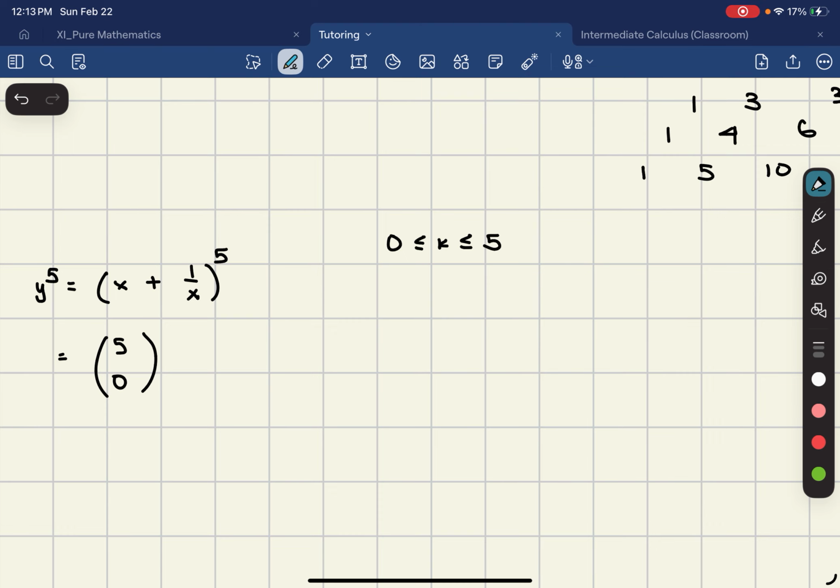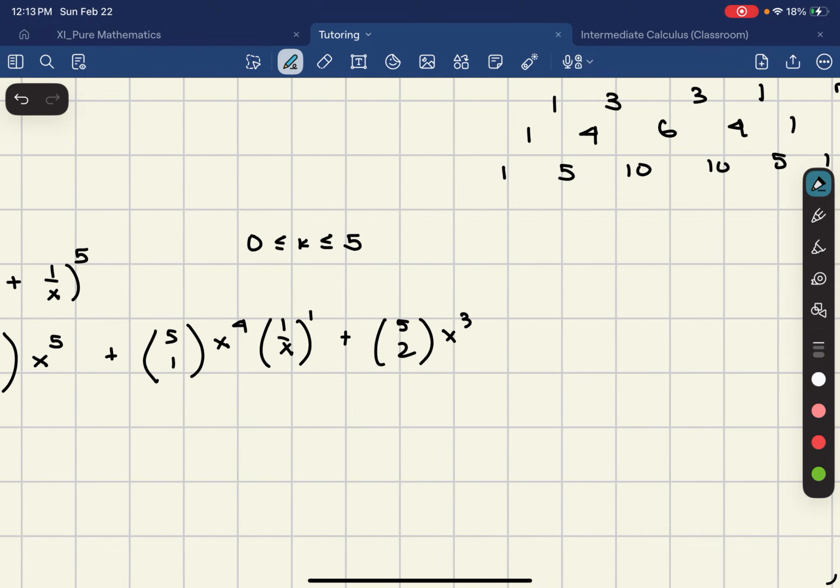We start with 0. We start with our first term, highest power, and our second term. 5C0, and then 5C1 x to the power 4 times 1 over x to the power 1, plus 5C2 x to the power 3 times 1 over x to the power 2, plus 5C3.